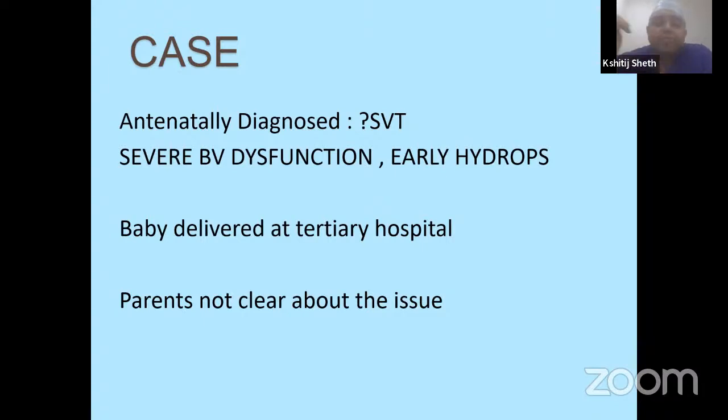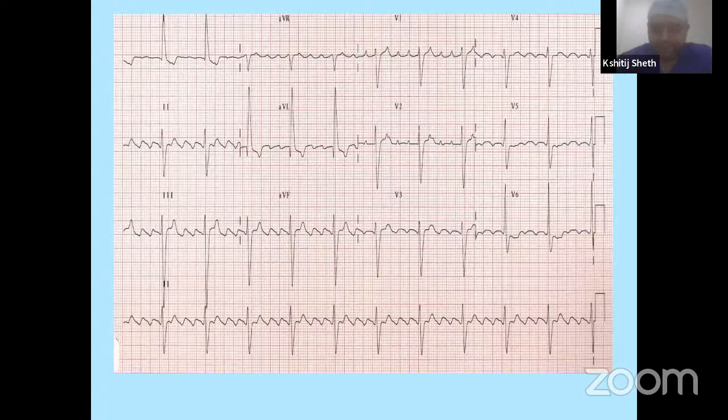So the baby was brought to SRCC and delivered over here, and the parents were not clear about the issue till the very end because it was a last-minute referral. But the good thing was it was an intrauterine transfer, and the child came here, was delivered, and then this was the ECG. A very striking ECG.